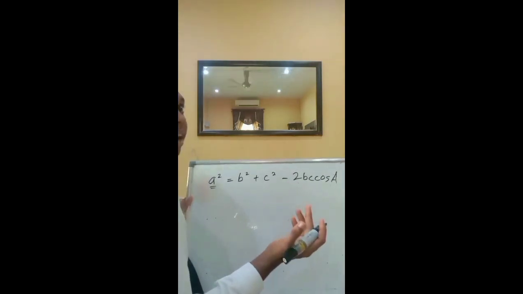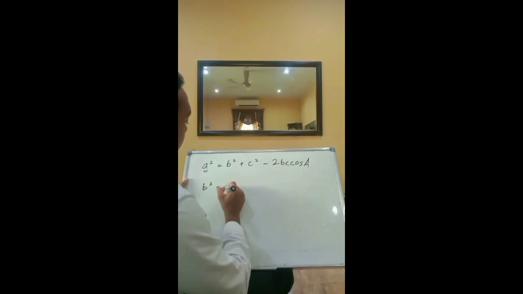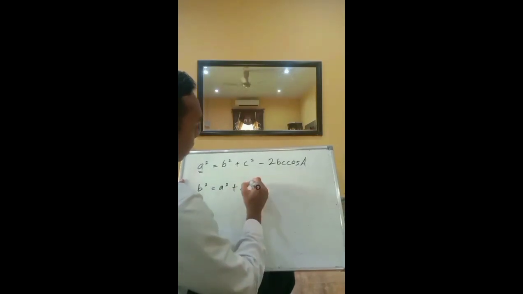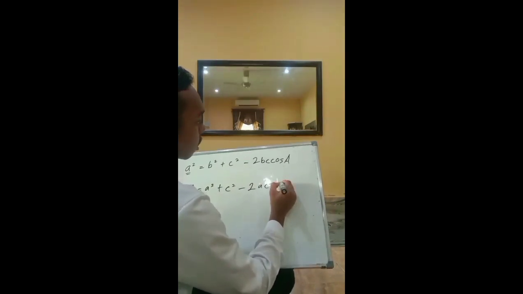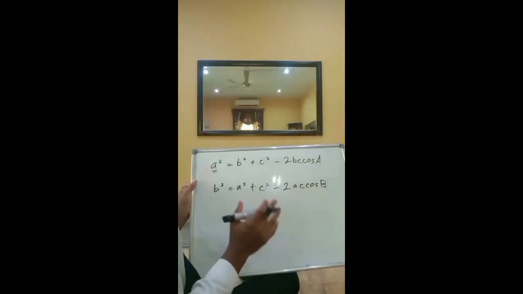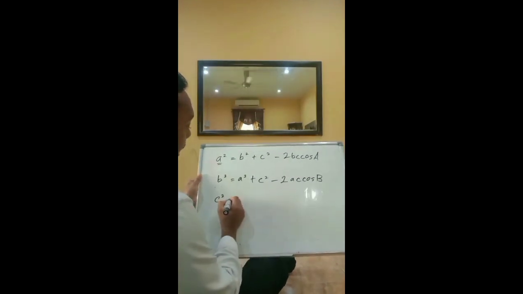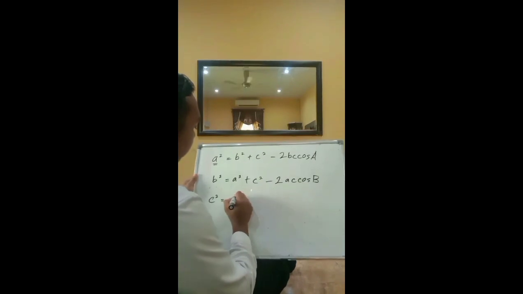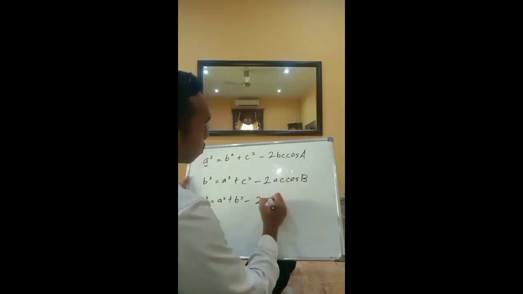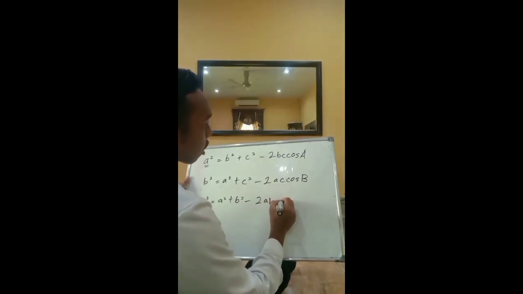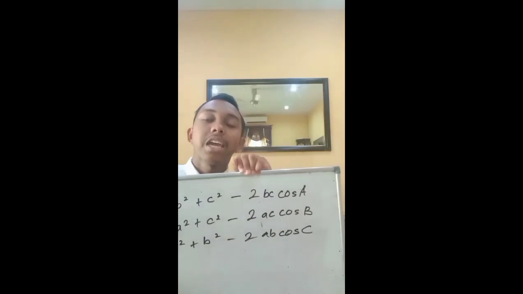What if to find b? b squared equals a squared plus c squared minus 2ac cos B. This is the same as to find c: c squared equals a squared plus b squared minus 2ab cos C. This is the formula for the cosine rule.